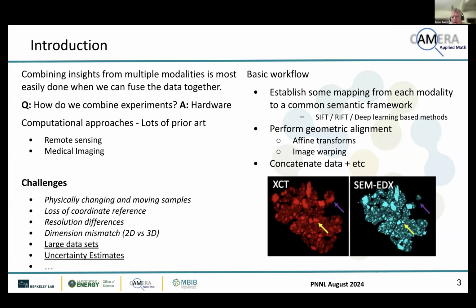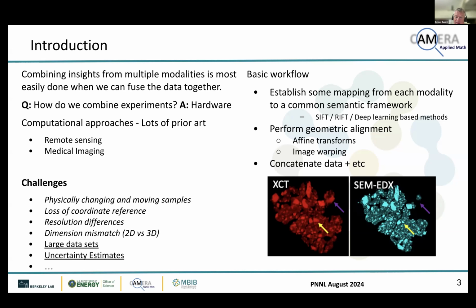You don't know exactly where you are sometimes between different observations. Different methods can also have different resolutions, and that makes life hard as well. The X-ray tomography stuff that we'll be talking about today has a completely different resolution than the SEM EDX stuff that Odetta was talking about earlier today. There can be a dimension mismatch as well, which makes things tricky. Some data is three-dimensional, other data is two-dimensional.